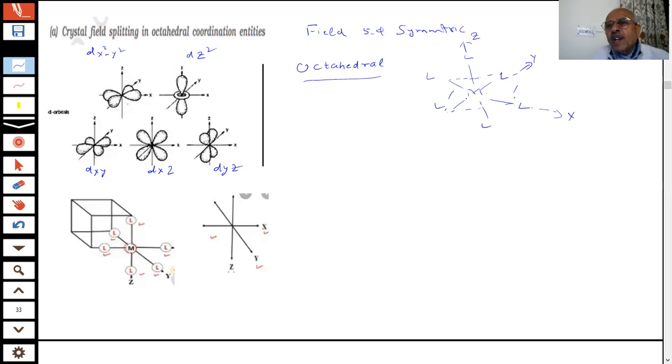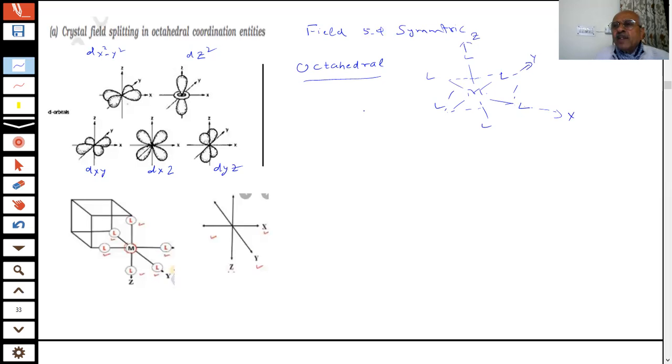This angle is 90 degrees, all are 90 degrees. The ligands are coming from the x axis, the y axis, and the z axis direction in the octahedral case.